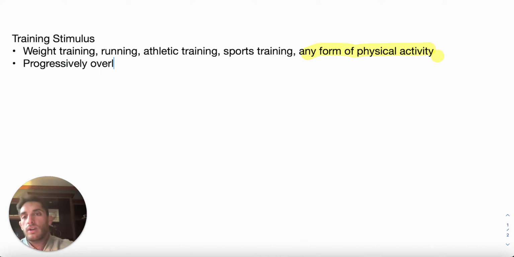Well, before progressively overloading, you have to train hard enough, or the stimulus has to be difficult enough. I'll put it like this. So the stimulus has to be difficult enough to spur some type of growth.